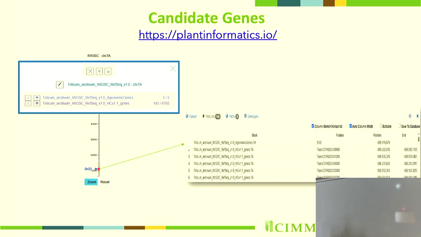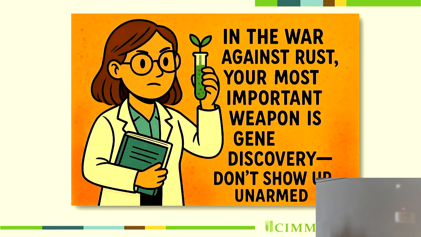This makes life very easy to take it forward from there and see what kinds of genes are present in your region. In the end, I would just like to say that in the war against rust, we have to be really careful not to bring in susceptible varieties. For me, gene discovery remains the most important thing we can do to battle wheat rust.